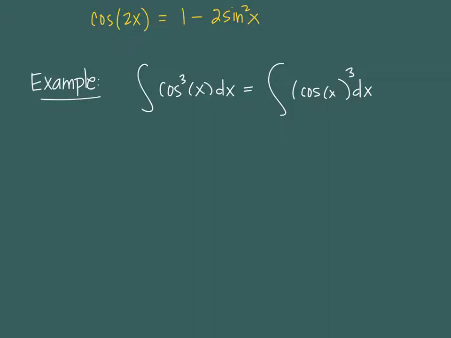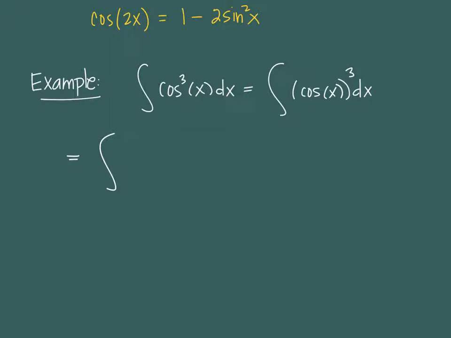Yeah, you'd choose cosine of x, but what's the problem in choosing your u as cosine x? There's no sine of x that's going to reduce away, right? So traditional u substitution doesn't work here, and we're going to need to do some trig substitution first.